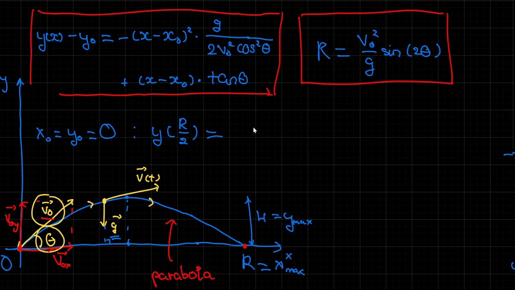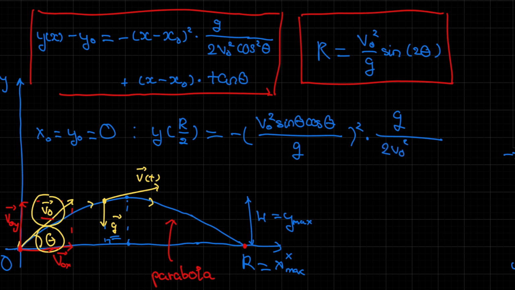And so you have v0 squared over g, times this, plus this value again, over g times tan theta.